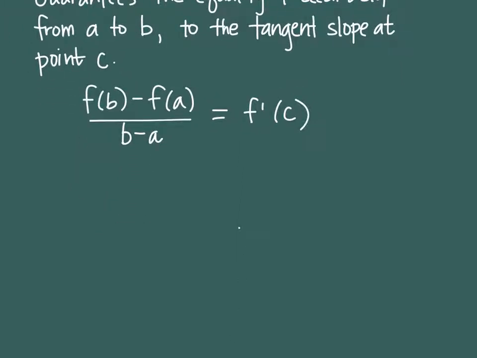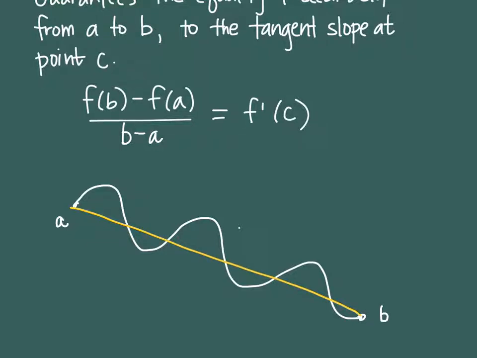And so visually, if you take any function, say like this, that's a function. It passes the vertical line test. And if you call the beginning of the closed interval A and the end of the closed interval B, and you find the secant slope that connects A to B, so like this, it guarantees that at least one C, if not more than one C, will have that same parallel slope.